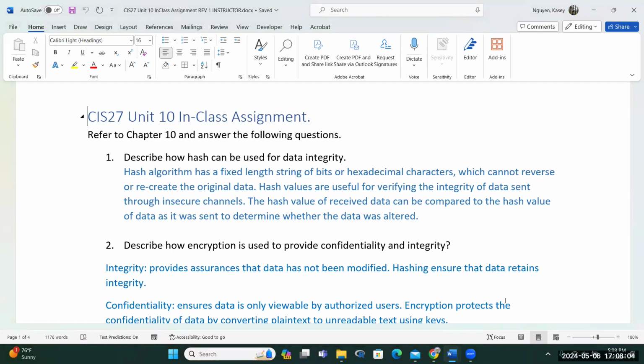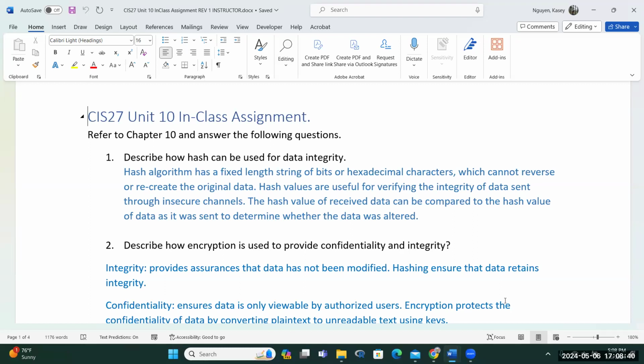It is useful in verifying integrity for data that is in motion, being exchanged or sent. We would do this when the data crosses into something that's not secure, right? So it's a good way for us to make sure that the data is intact. When you receive the data, you can find the hash value of that file and compare it to the original data that was sent.